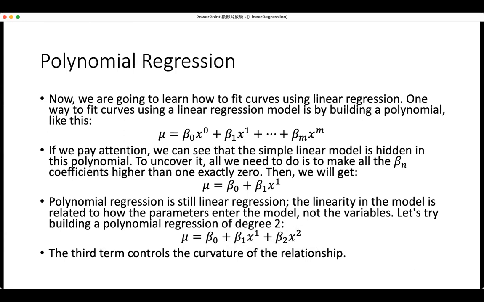If you consider them as separate variables, they look like a linear regression to you, right? Actually, the third term, in this beta 2 x squared, controls the curvature of the relationship, as we will see later.